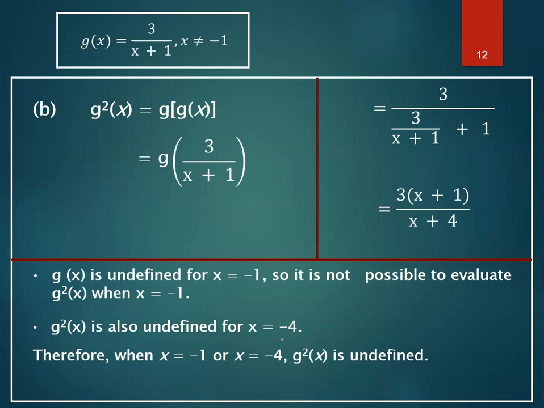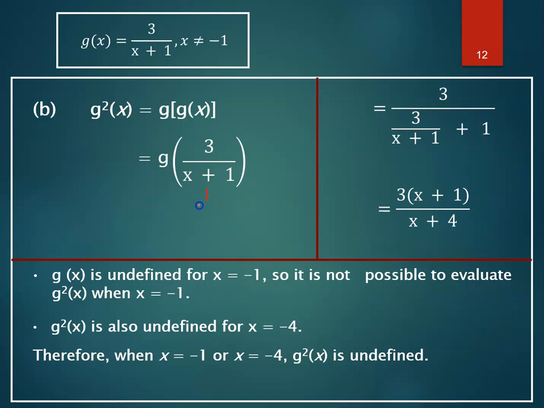Then for b, you're going to find g square x. Again, you can write it down in this form. G square x, if you have g square like this, you just write it down into this: g and then bracket gx. So this is your gx. So against this gx, you're going to substitute into the g. So what is your gx? This whole thing, 3 over x plus 1.